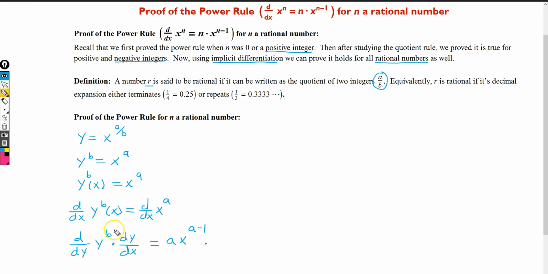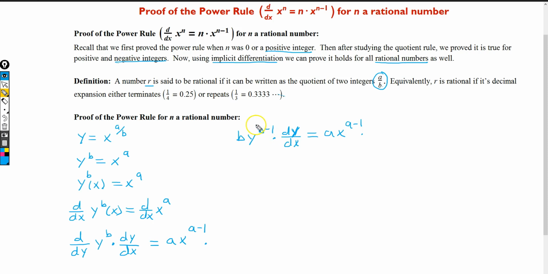Now we evaluate the left-hand side. We know we can differentiate y to the b because b is an integer, and we already proved that we can use the power rule when b is an integer.